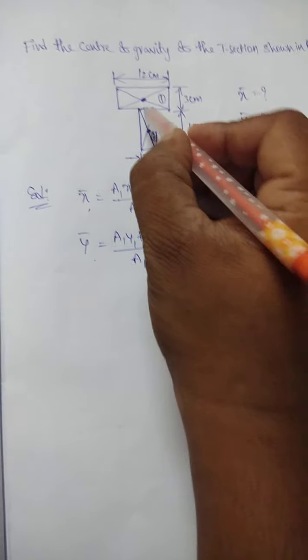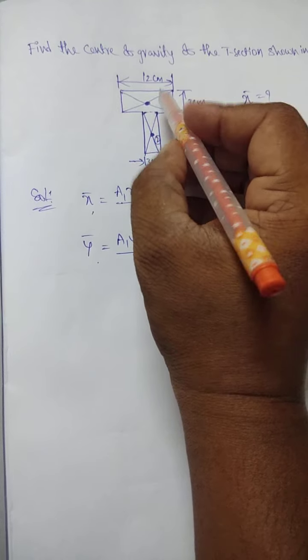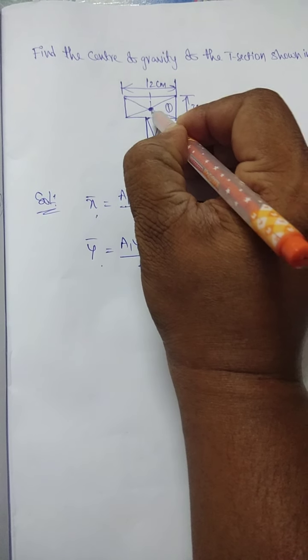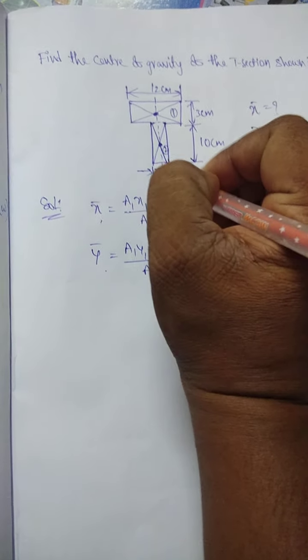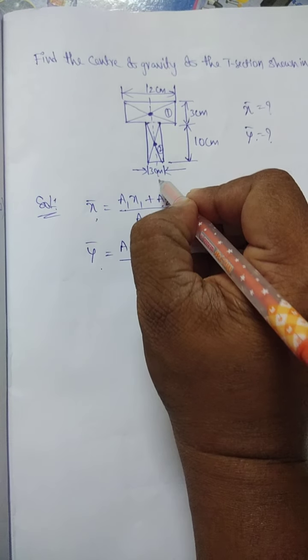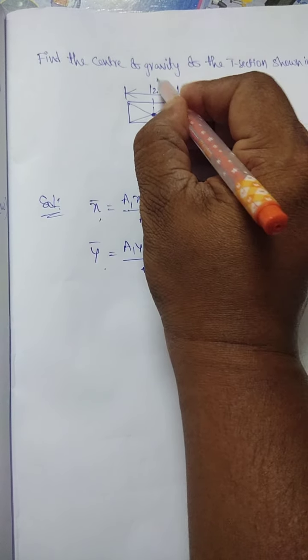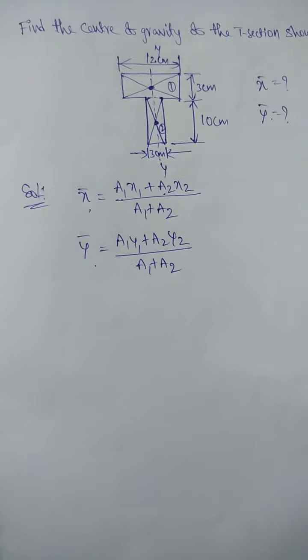As the centroids of both parts coincide, we have a symmetry about the y axis.